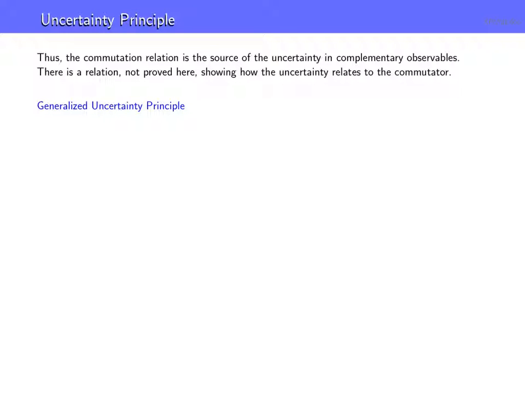It looks as follows: the product of the uncertainties in the state psi, I'm emphasizing that these are calculated in the state psi, is greater than or equal to 1/2 the commutator acted on with that state psi, and also this modulus. Really this would be the modulus squared of this, but then we're taking the square root in the end, so you can think of this as an absolute value.